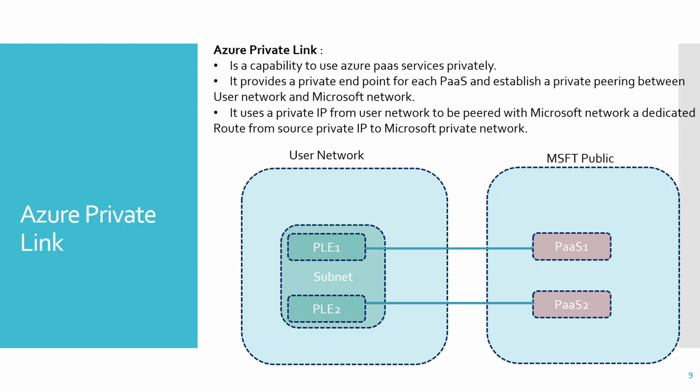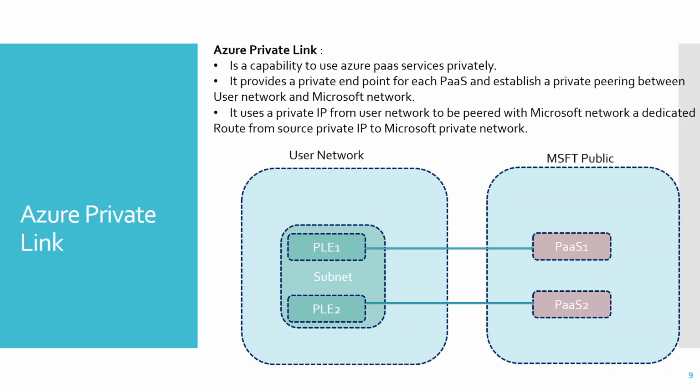So in the diagram, on the left side is the user network where you have a subnet where the private link endpoint IPs get assigned. Now you can create different private link endpoints for different PaaS services that are sitting on the Microsoft public boundary.